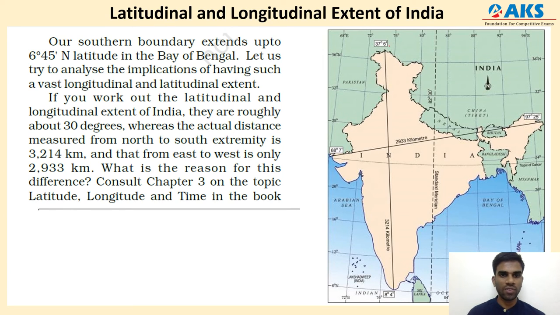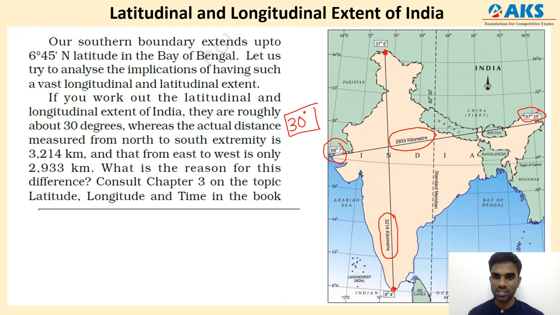So here we can also see that the distance from the northernmost point to the southernmost point of the mainland is 3,214 kilometers, whereas the distance from the westernmost point to the easternmost point is 2,933 kilometers. We said that both the latitudinal and longitudinal extent is around 30 degrees.